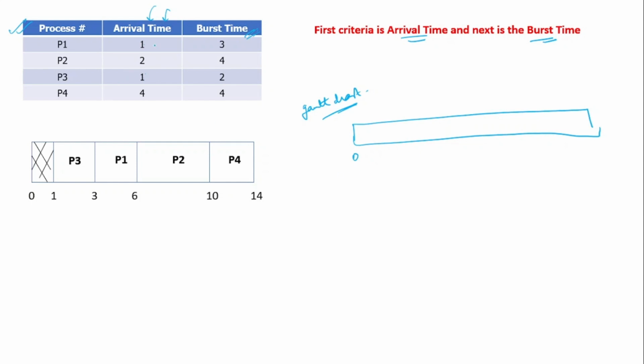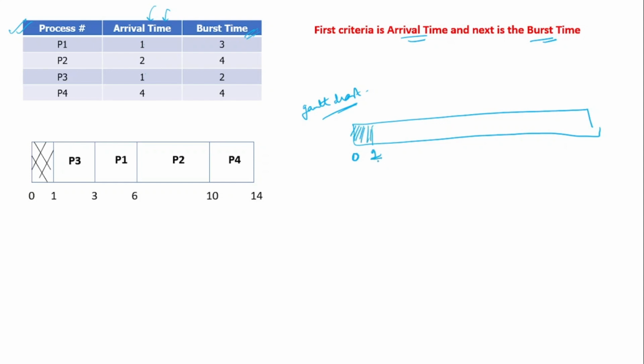If you see the table, the arrival times are 1, 2, 1, 4 and the burst times are 3, 4, 2, 4. At arrival time 0, is there any process? There is no process which has arrived at the 0th second, so from 0 to 1 I have no process to execute.